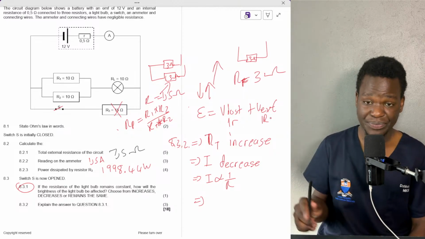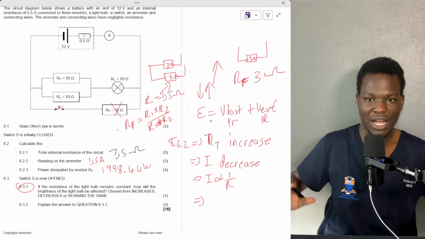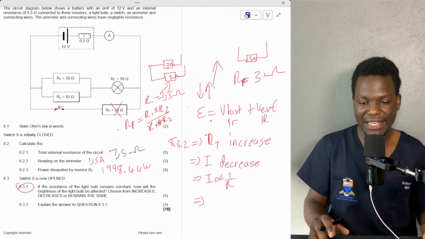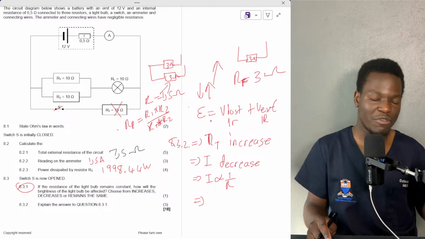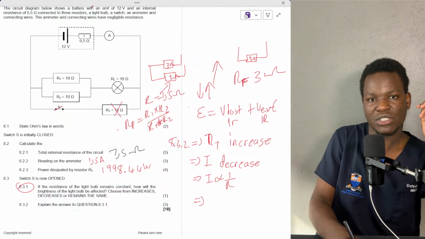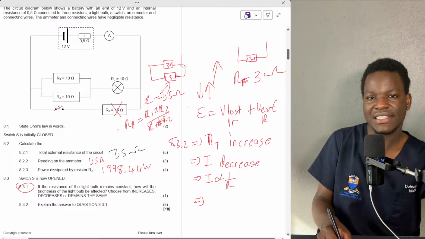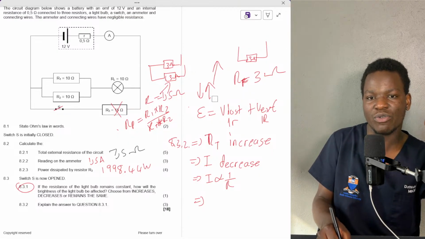So now, before the voltage goes outside, it's taken by what? It's taken by the V internal, before the voltage goes outside. So the V internal is the boss, because it takes the voltage and there's nothing you can do about it.